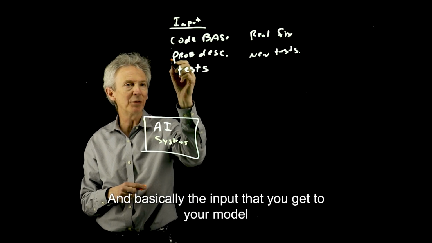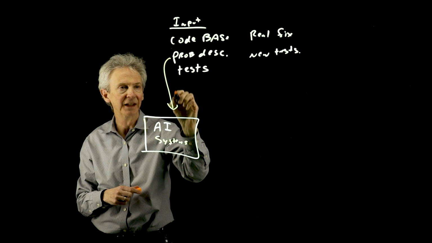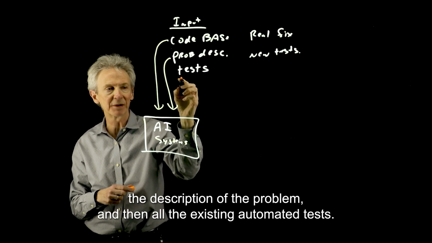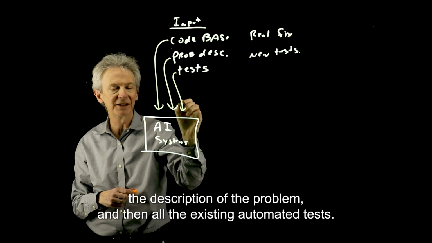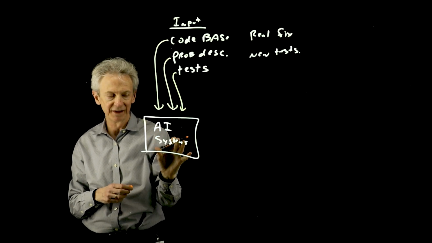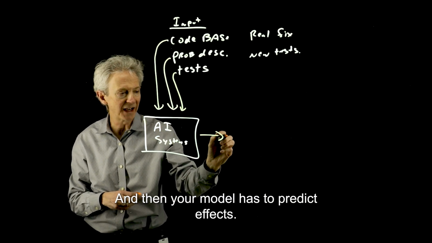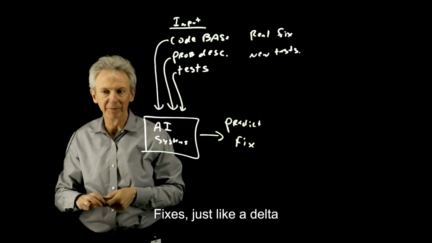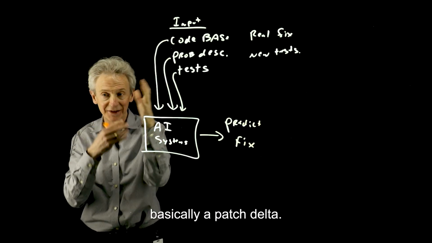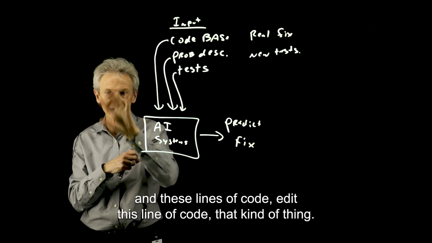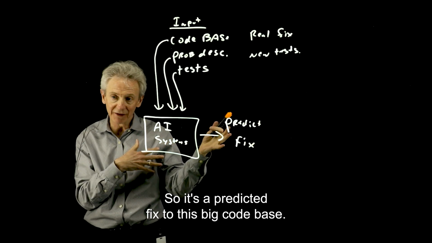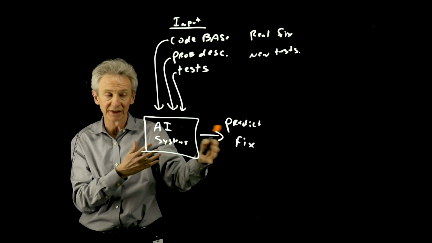Basically, the input that you get to your model is the code base that has the problem, the description of the problem, and then all the existing automated tests. And then your model has to predict a fix. A fix is just like a delta, basically a patch delta. So remove these lines of code, add these lines of code, edit this line of code, that kind of thing. So it's a predicted fix to this big code base.